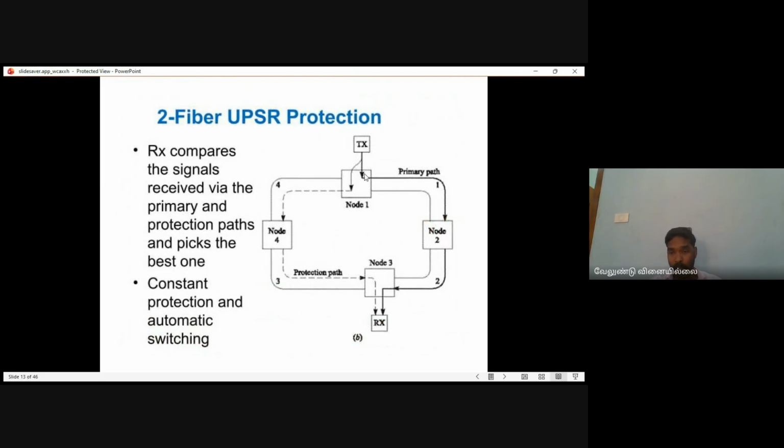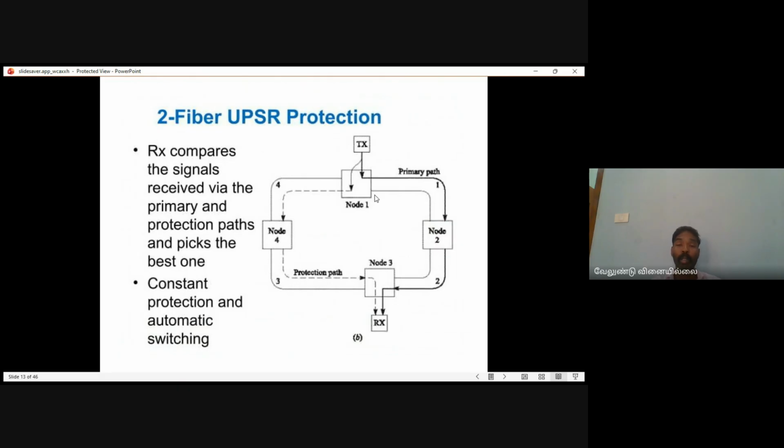Here, this is the primary path. What is the primary path? The solid line represents the primary path. The dotted line represents the secondary path or protection path. This is for the transmitter. Another path is available here. The receiver compares the signal received on the primary and protection paths and picks the best one.